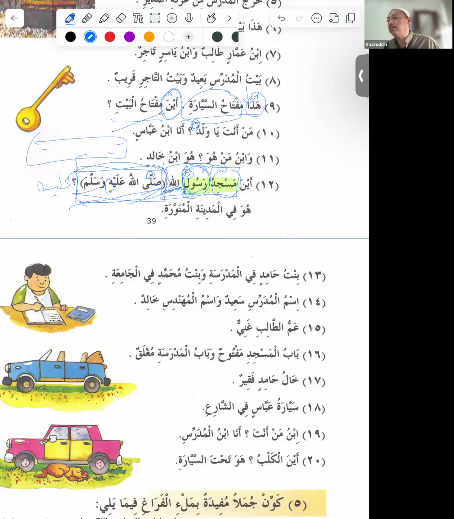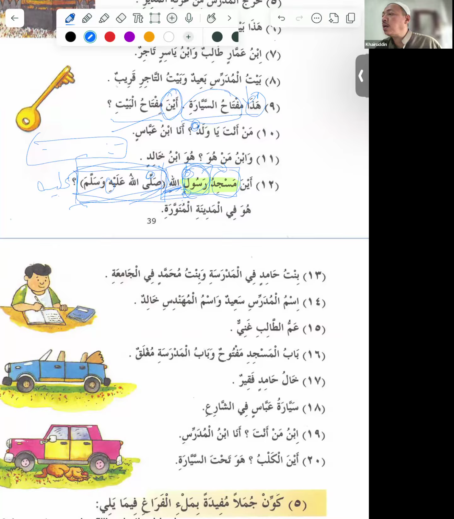Okay, so aina masjidu rasulillahi sallallahu alaihi wasallam, where is the masjid of Rasulullah? Okay, so the answer is huwa fil madinatil munawwarati. It is in Al-Madinah Al-Munawwarah.